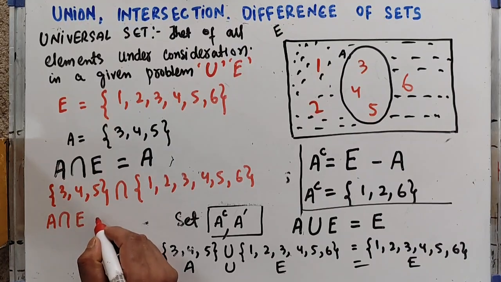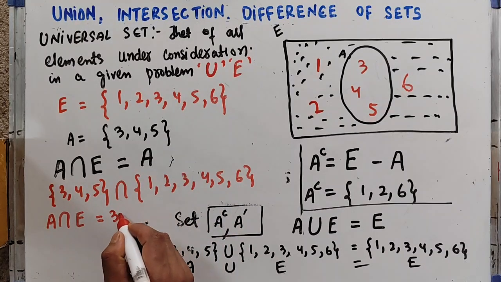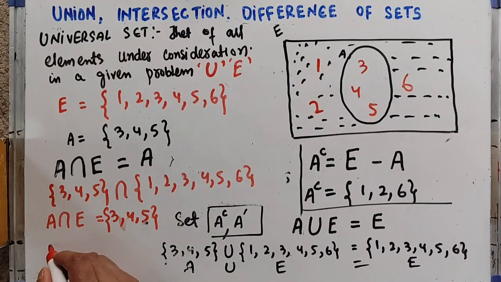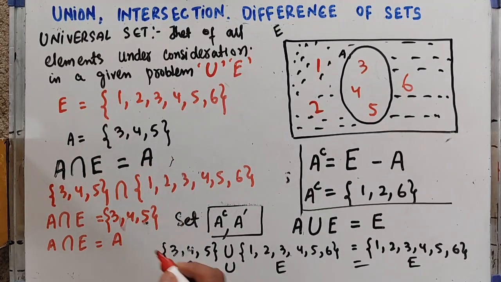So here you can see A intersection E will be equal to the common elements 3, 4, 5. And 3, 4, 5 is our A.